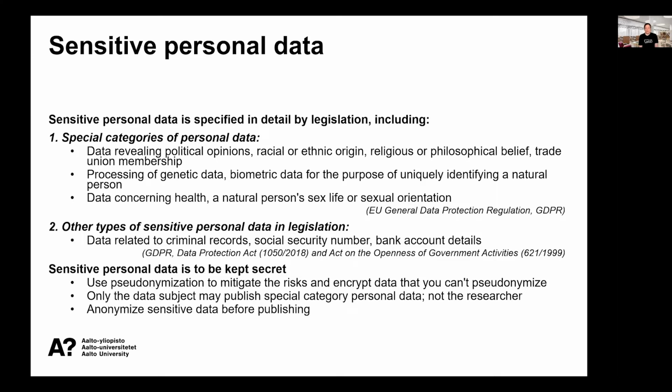And if there is a need to publish this kind of data, you should first anonymize the sensitive data. There's a separate webinar on how you can practically do the data anonymization, and you can also look for help from organizations there.